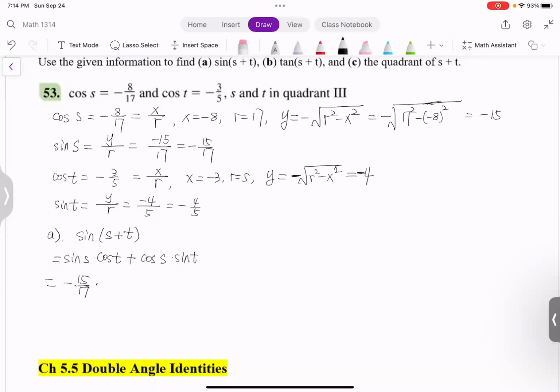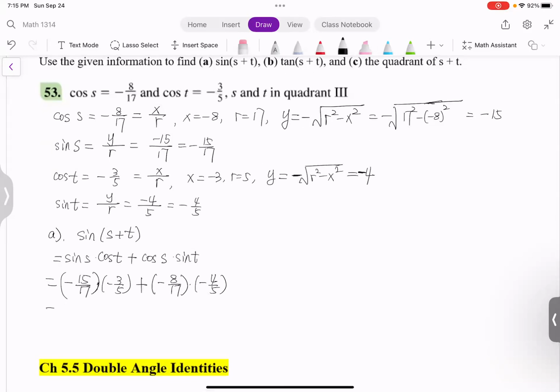And cosine t is negative 3 over 5. If we are putting a negative number in the computation, let's use parentheses. Plus cosine s. Cosine s is negative 8 over 17 times sin t. Sin t is negative 4 over 5.